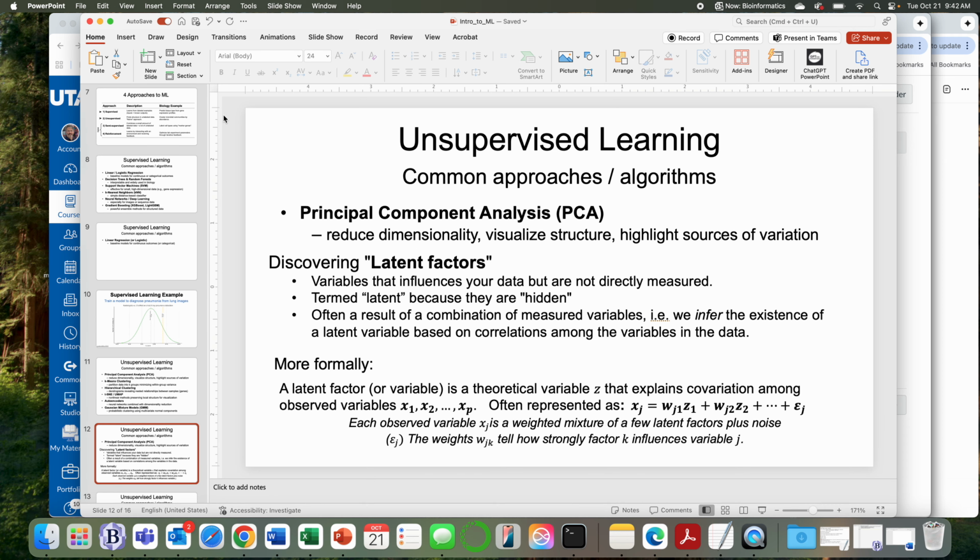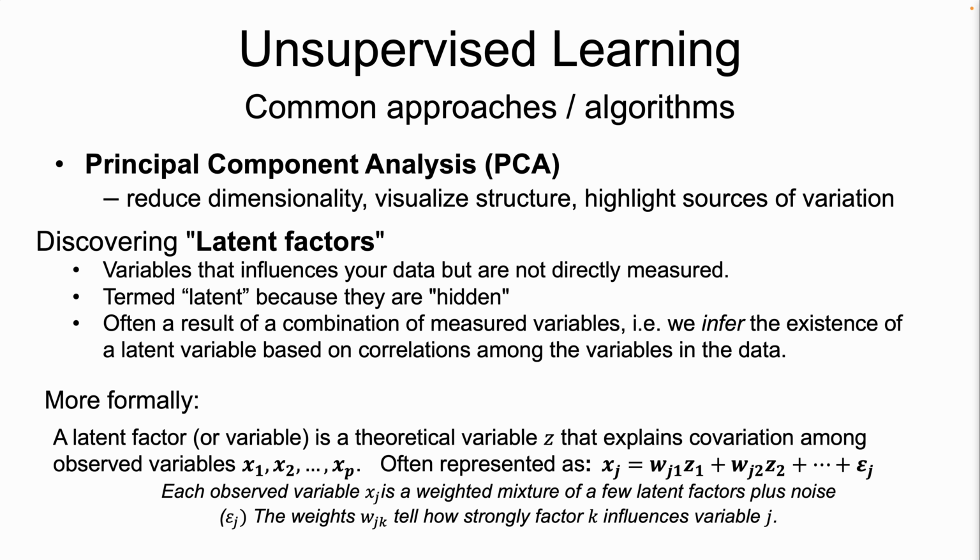When we talk about PCA, just one bit of jargon that comes up, and sort of math to demystify what's going on behind PCA. PCA assumes there are some latent factors. These are the variables that you didn't measure, but you're trying to infer from your data. They're called latent just because they're hidden, like you didn't measure them.